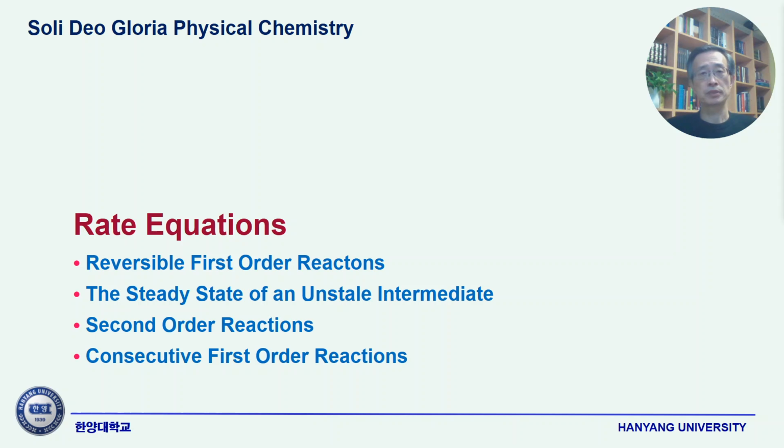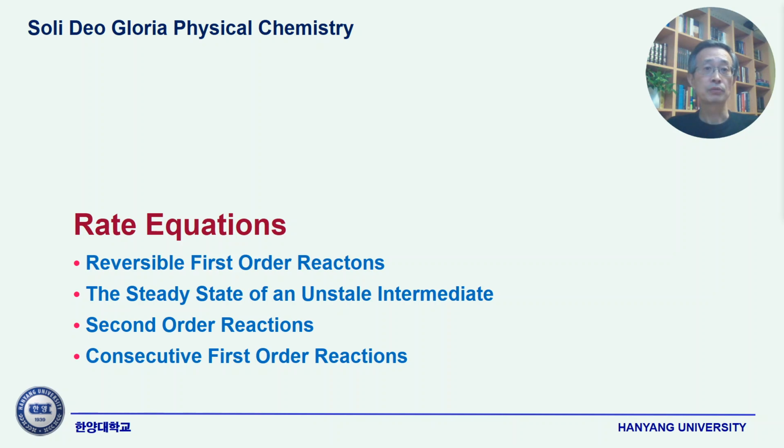But in your general chemistry, or even in physical chemistry, you have solved those first order, second order, and zeroth order differential rate laws, so that you can plot the concentration as a function of time, and also you have dealt with half-life.